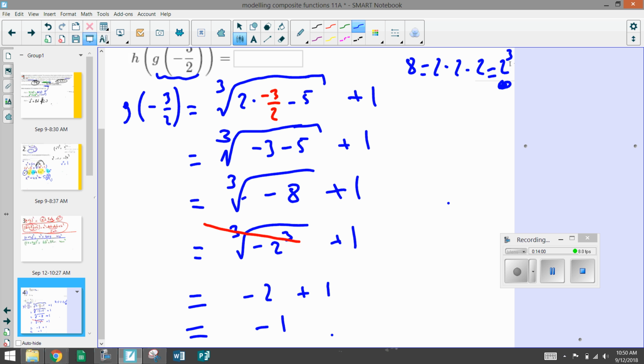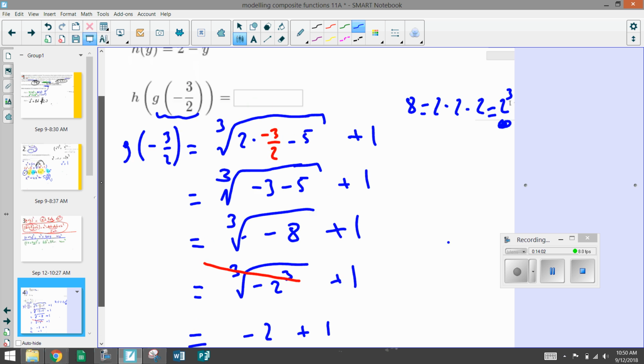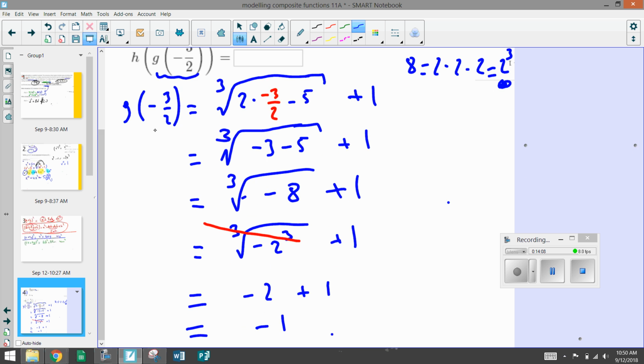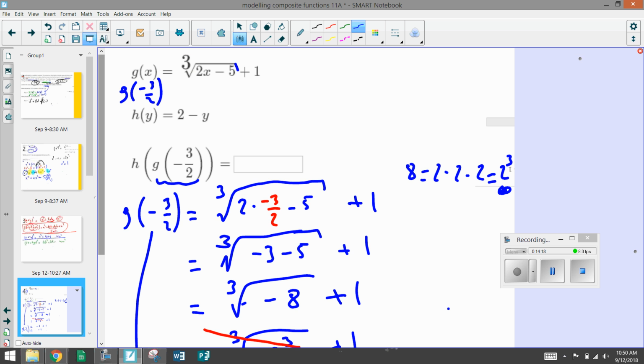So what do we get? What is negative 1? We found g of negative 3 over 2 is equal to negative 1. Okay, let's get back. Isn't the exponent supposed to be a fraction whenever it's like that?